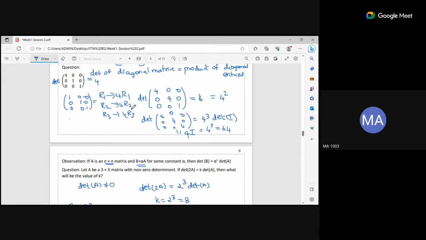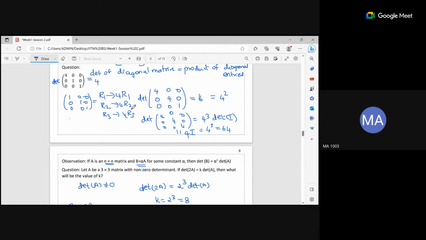See, here in both the places we are multiplying with a scalar. There is no vector multiplication. Okay, the only difference in this and this case is that here you are multiplying the scalar with only one row, whereas here you are multiplying the scalar 4 with the entire matrix. You understand the difference?